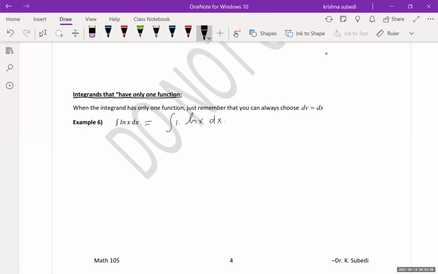So 1 can be considered as your algebraic function, and this is your logarithmic function. So in the LIATE rule, which comes first? L comes first, right? So for this question, you suppose u to be ln x. And so the remaining 1 times dx is your dv. And I want you to complete that now using the IBP.